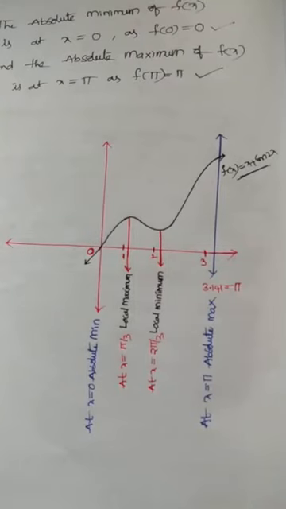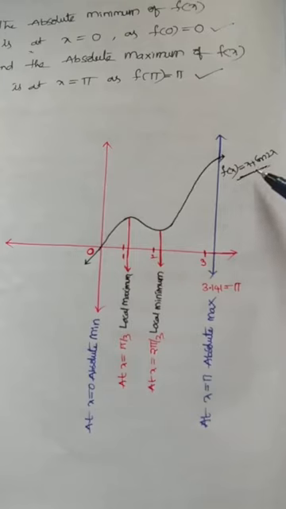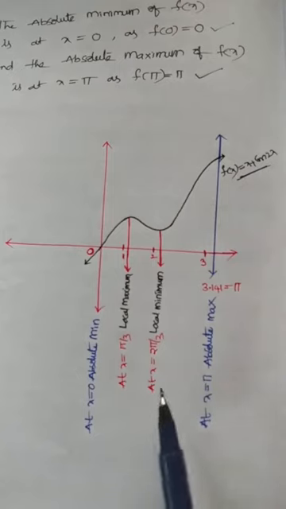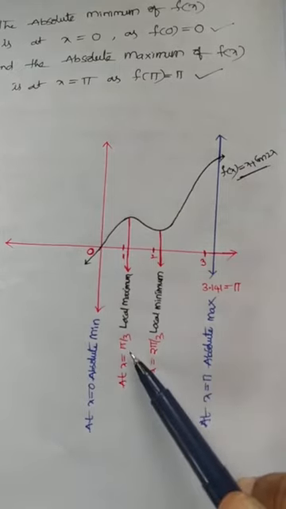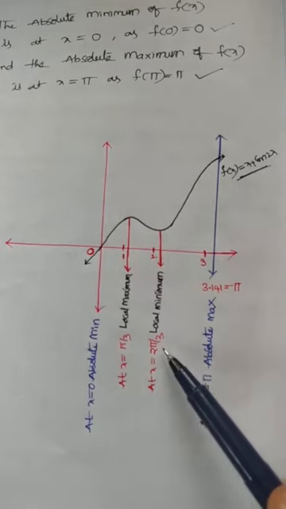Now let us observe the problem with the graph of the function f of x equals x plus sin 2x. We got the stationary values at x equals pi by 3 and at x equals 2 pi by 3.